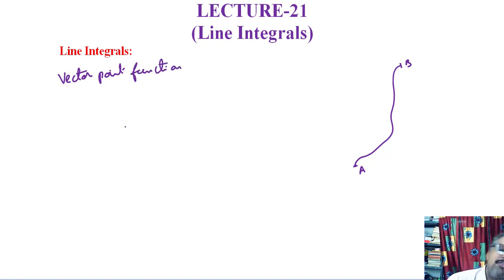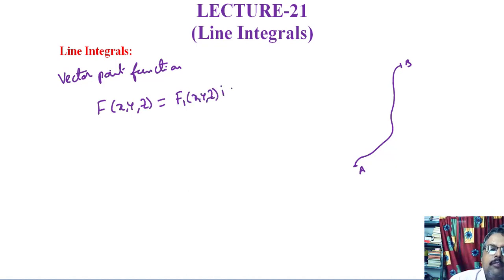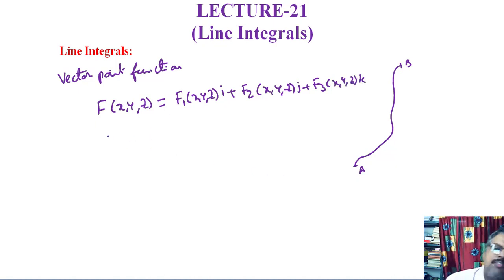For different values of x, y, z, if the function of x, y, z becomes a vector, f1 i plus f2 j plus f3 k, then for different values of x, y, z you will get different vectors. So this vector is called a vector point function.